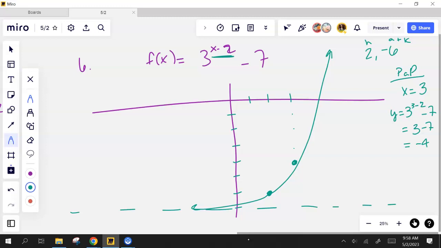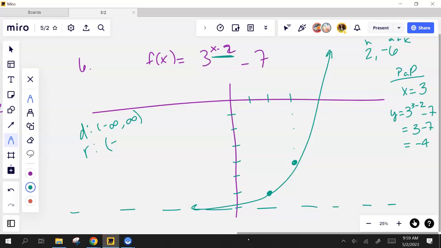Domain. In fact, all of these are going to be -infinity to infinity on the domain, for every exponential like this. But the range is what's restricted. What's the range here? What's the lowest the graph ever goes?